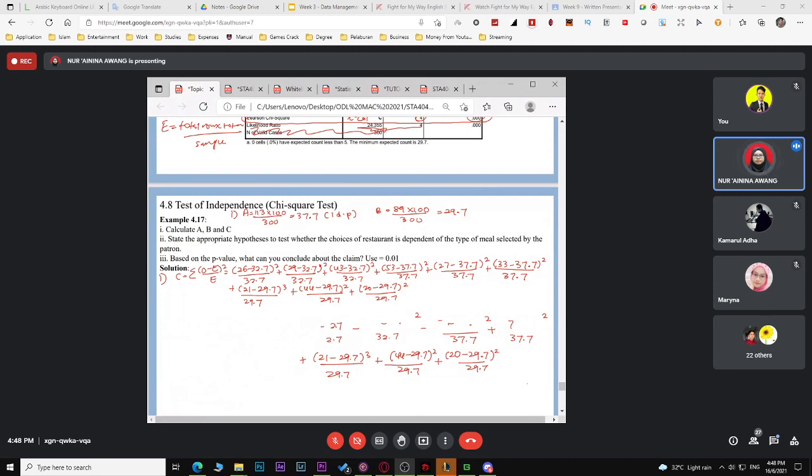And then the second question, the question asks you to state the appropriate hypothesis to test whether the choice of restaurant is dependent on the type of meal selected by the patron. So the question only asks you about the hypothesis. So you just write your H null, since we know that H null is always no relationship.